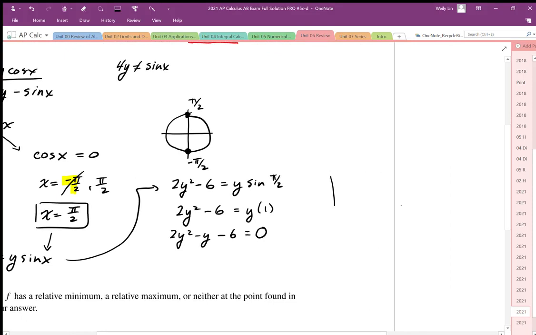I'm going to factor using this strategy where I take the first and last term and multiply those together. So I get negative 12y squared, and then I use that product to split the middle term of negative y. So I get negative 4y, positive 3y. To split the middle, multiplies to negative 12, adds to negative 1.